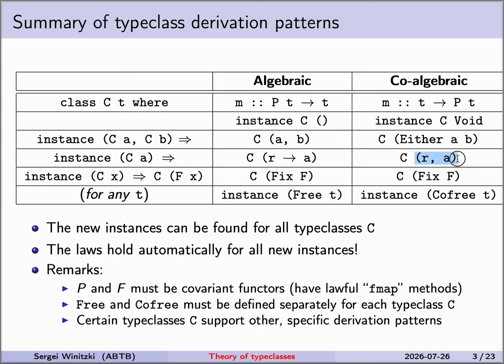Then this pair is an instance. Now, compare with this one, where both needed to have an instance, and without that it doesn't work. And here it's not necessary, only one really needs to have an instance.